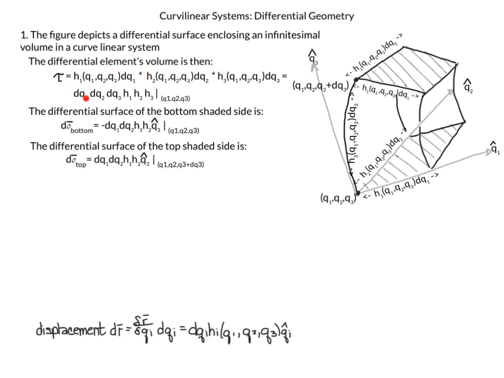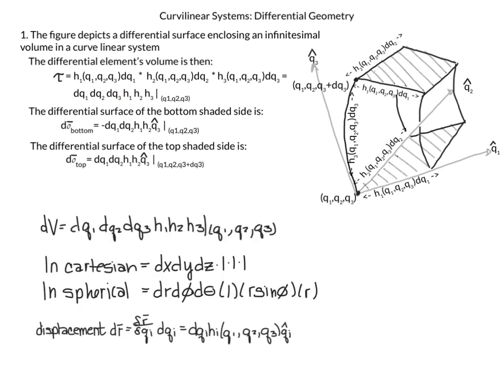So we get delta q1, delta q2, delta q3, h1, h2, h3. Taking a look at this dV, in Cartesian, dq1 would be dx, dq2 would be dy, dq3 would be dz, and h1, h2, and h3 would each be 1. So our normal dV would just be equal to dx dy dz.